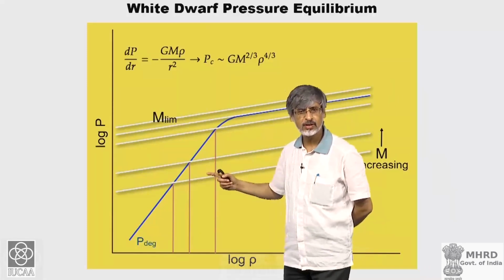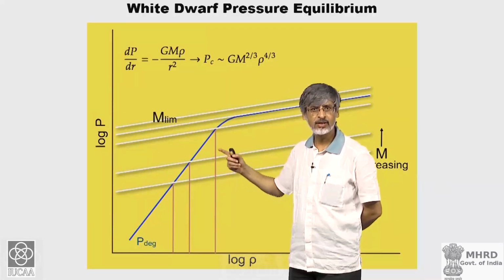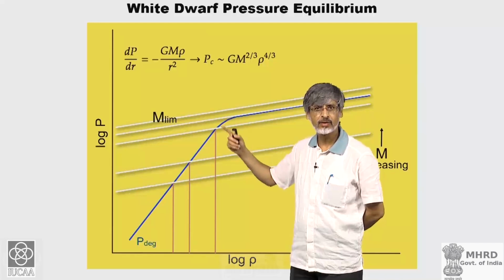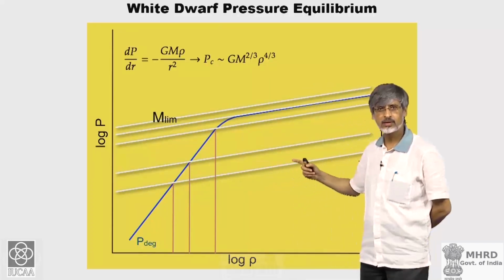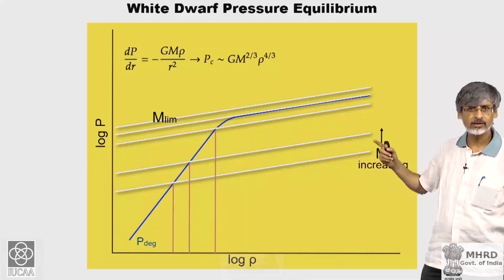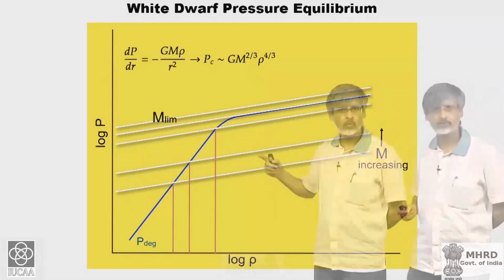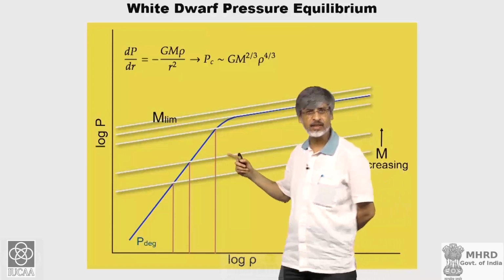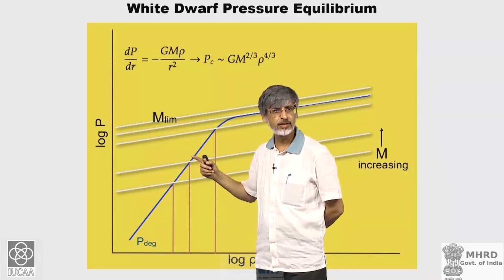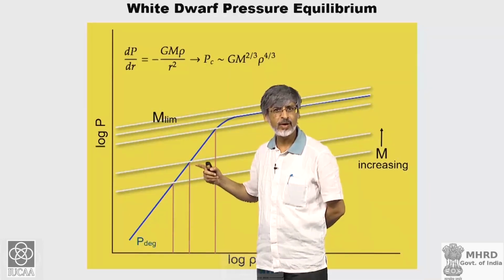So, those are drawn in these various white lines over here for different values of core mass, mass increasing upwards. Where this line intersects the degeneracy pressure, blue line, you have an equilibrium solution.